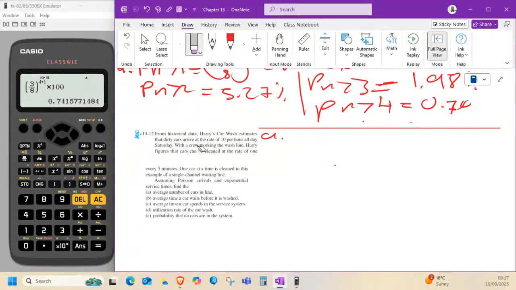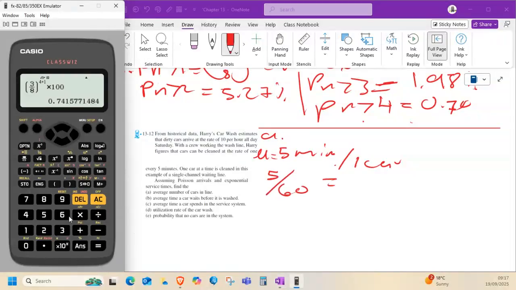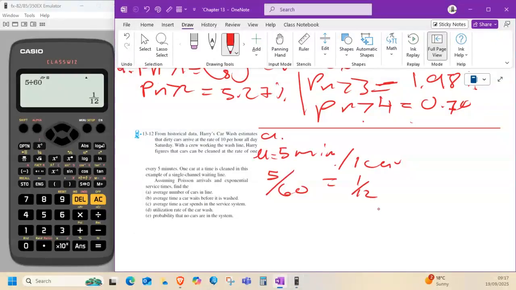So this is very interesting. Then the conversions now. We have 5 minutes per one car. You see that 5 minutes per one car. Firstly, the units are not equal, and this is your average service time. Then you deal with this first. 5 over 60, you convert it to hours again. 5 divided by 60, then we have 1 over 12.